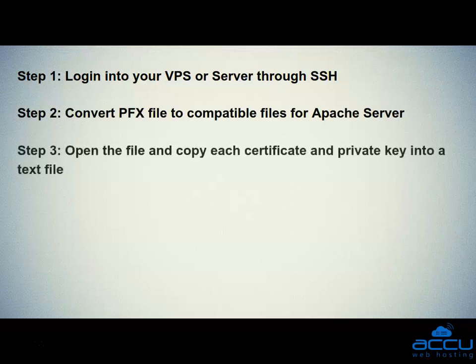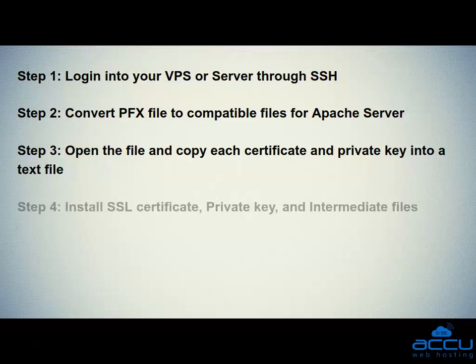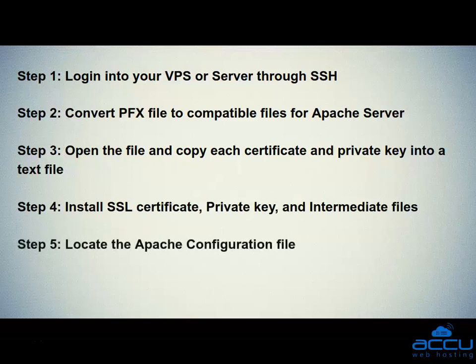Step 3. Open the file and copy each certificate and private key into a text file. Step 4. Install SSL certificate, private key, and intermediate files. Step 5. Locate the Apache configuration file. Step 6. Configure virtual host section.